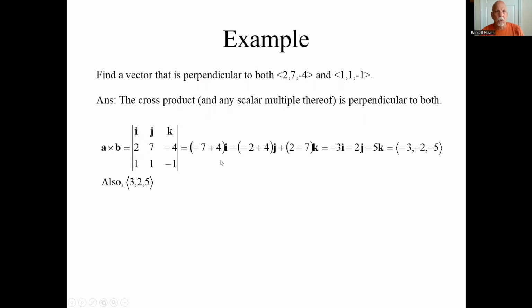So we take the cross product, there's the arithmetic, there's the result of the cross product. I can multiply through by -1 and get rid of the minus signs. It's still perpendicular to these two vectors. Any scalar multiple of this vector is a valid answer.